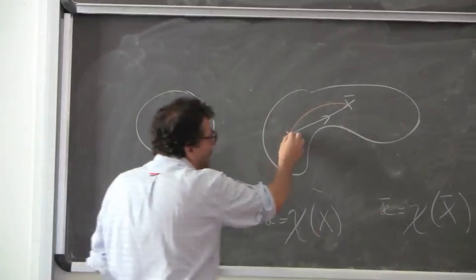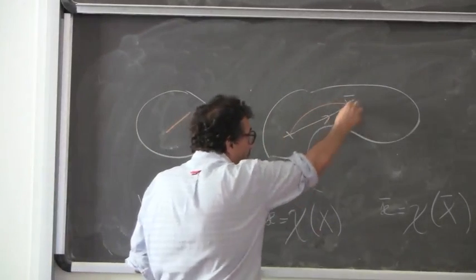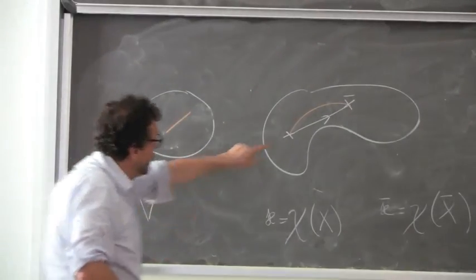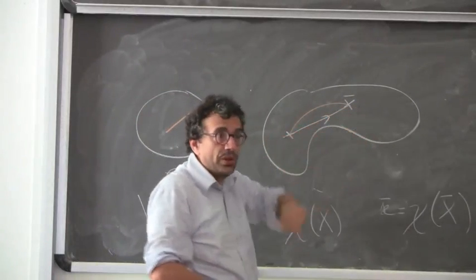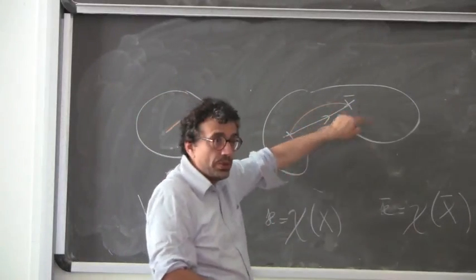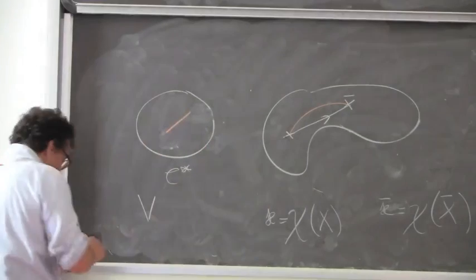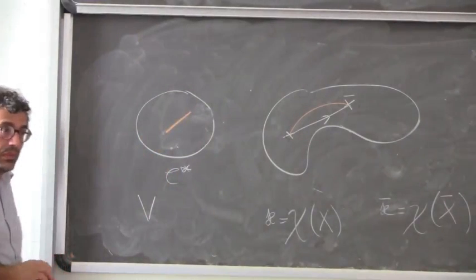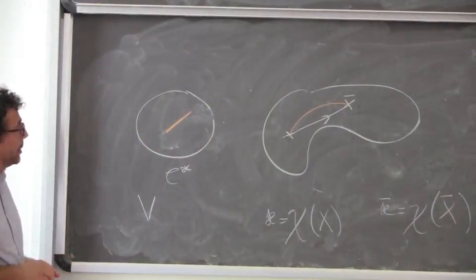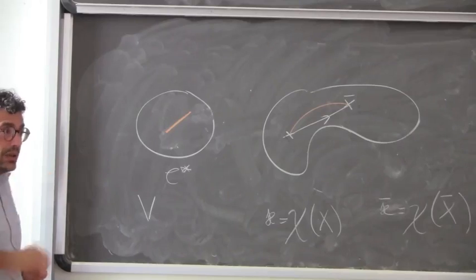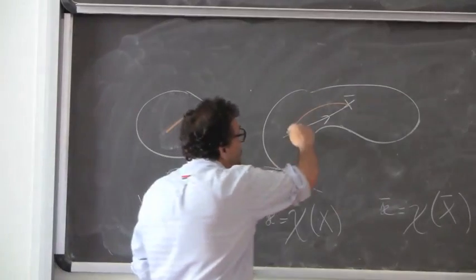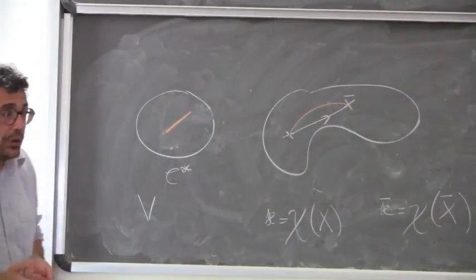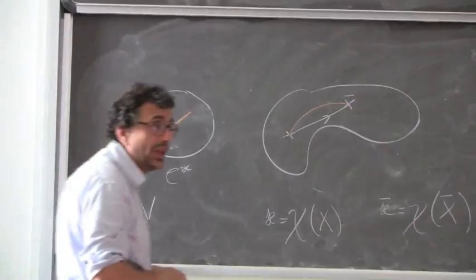So this is the vector, the shortest path from this position to this position. And the material segment here is a set of material points, and their positions can be various, depending on how your body is deformed. Okay?